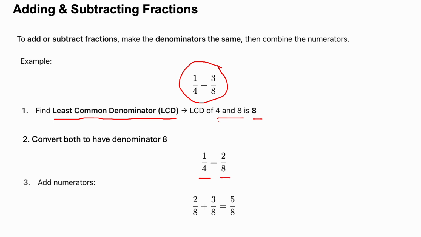Now in step 3, you just add the numbers in the numerators. So 2 plus 3 becomes 5. So the answer is 5 by 8. Always remember, same denominator, then add or subtract the numerators.